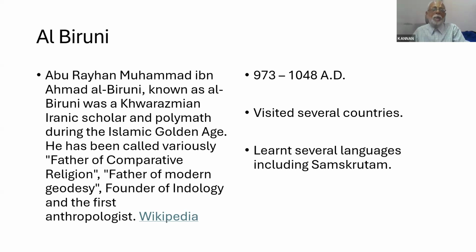He was so eminent that he was called father of comparative religion, father of modern geodesy, founder of Indology, first anthropologist, and so on. I took this information from Wikipedia. He lived in the period 973 to 1048 AD.